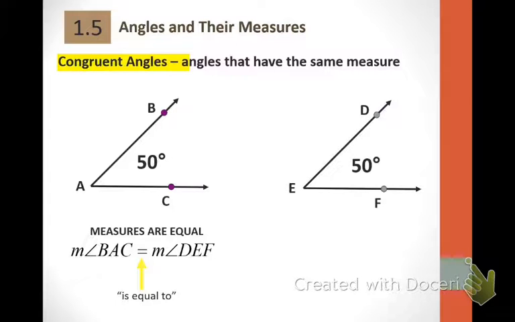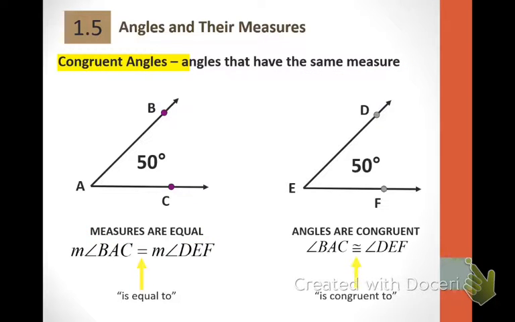But what does it mean? What does it mean when measures are equal? Or when measures are the same? What is that called? Congruent. So instead of writing this all lengthened out, you would say angle BAC is congruent to angle DEF.